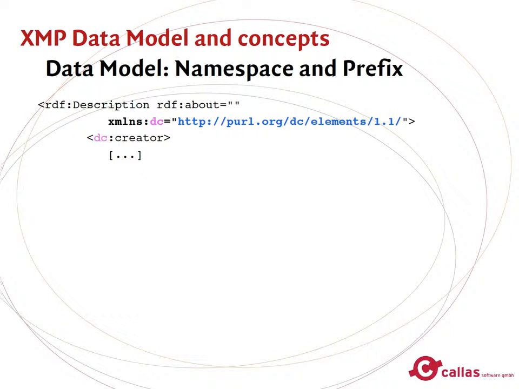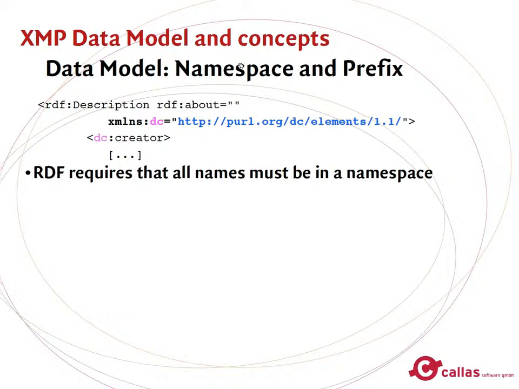The namespace URI is the address of the property of the namespace. In this example, we have the Dublin Core namespace. The prefix is the abbreviation for this URI, and there are some requirements.